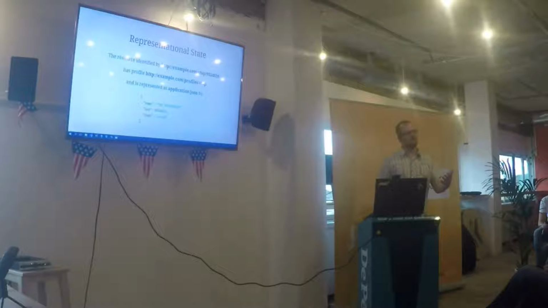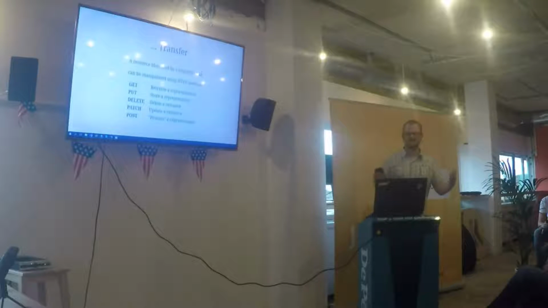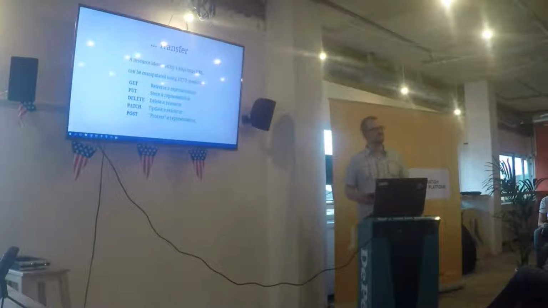Now we're almost at our beloved acronym REST, so let's add the last one, it's transfer. So if the identifier is an HTTP URL, you can also manipulate this entity, this ship. You can get it, you can put it, you can delete it.